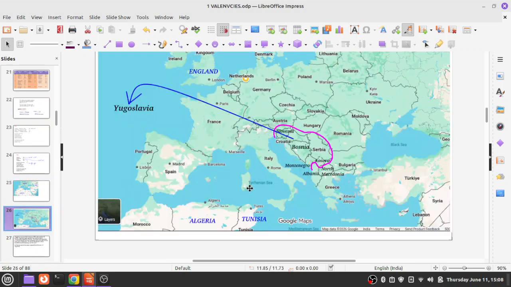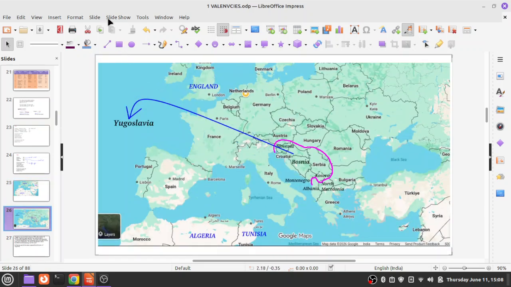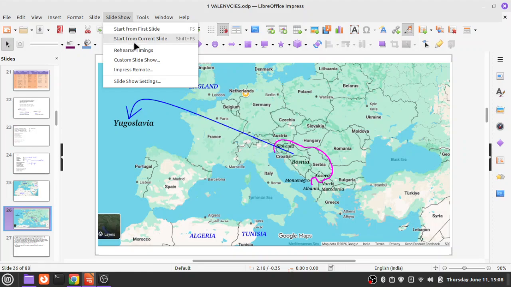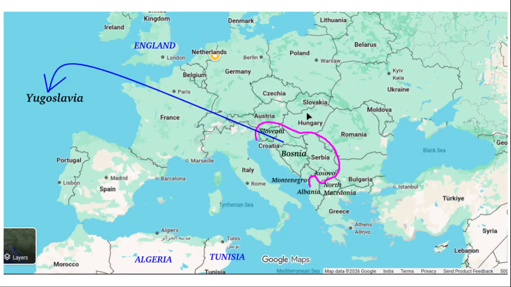Next, you see this big slide I show you. This is a map of Europe. In this map, a region is bordered by a big pink line.